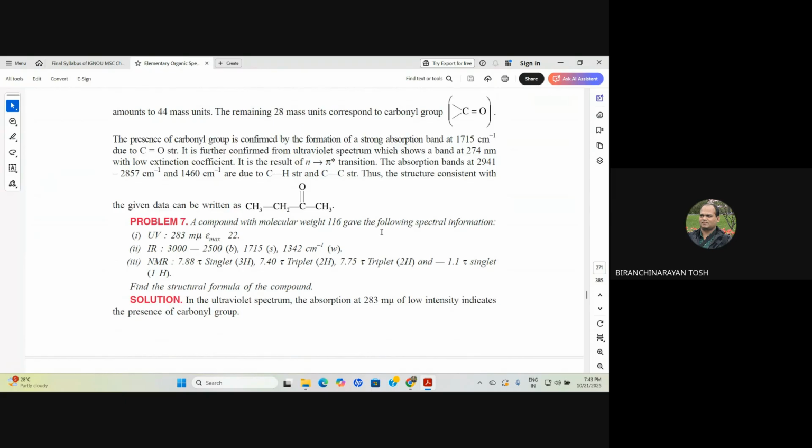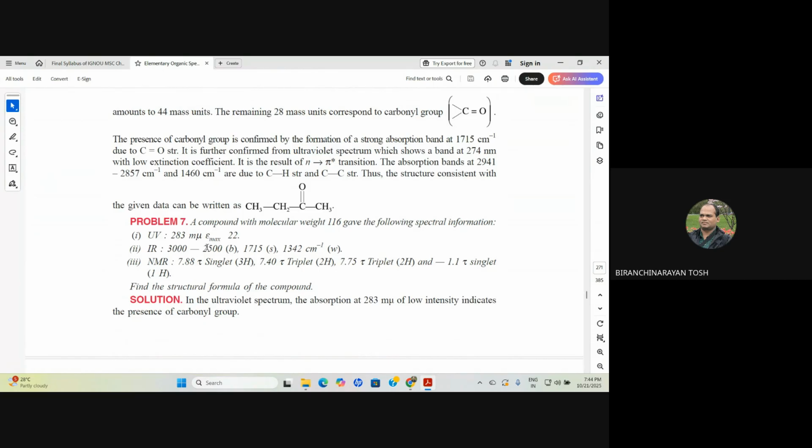So 283 indicates the carbonyl group. The presence of carbonyl group is further confirmed by the peak at 1715, and this broad band between 3000 to 2500 is due to OH.